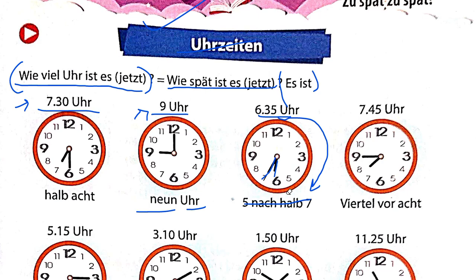Let's see. Nach means after. So what we'll do here is, if it's 6, we will write 5. 5 nach, 5 after, halb 7. Half 7. Now we can come to this first one.